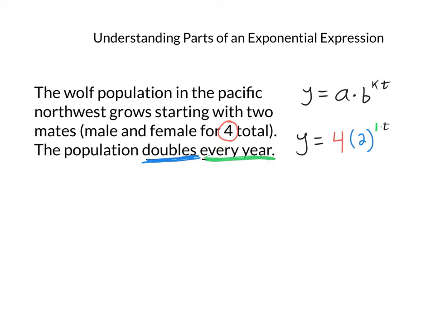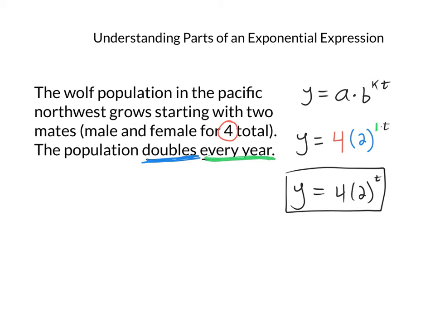So if I rewrite this to make it look prettier, y equals 4 times 2 to the power of T. So my starting point, my growth rate, and my frequency every year. So you can see how we can go from an application problem to an equation quite easily, just looking at the equation and analyzing what is what.